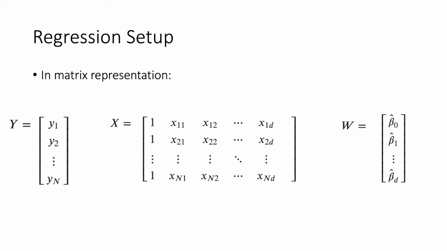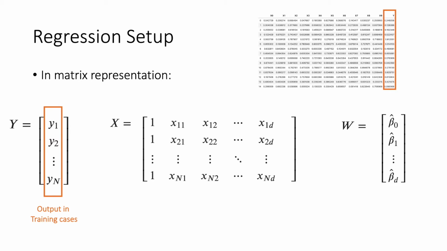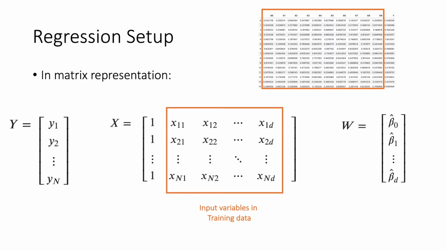In the same way, we can use matrix representation for the regression setup. The y that corresponds to the output column in our data could be represented as a column vector. The X matrix contains all the input variables as rows in a matrix.